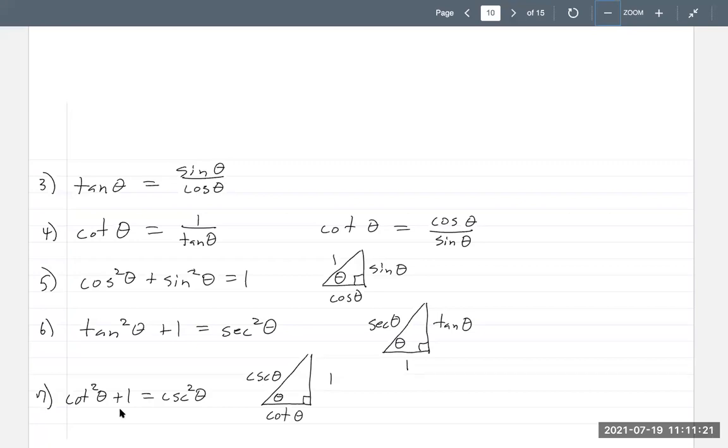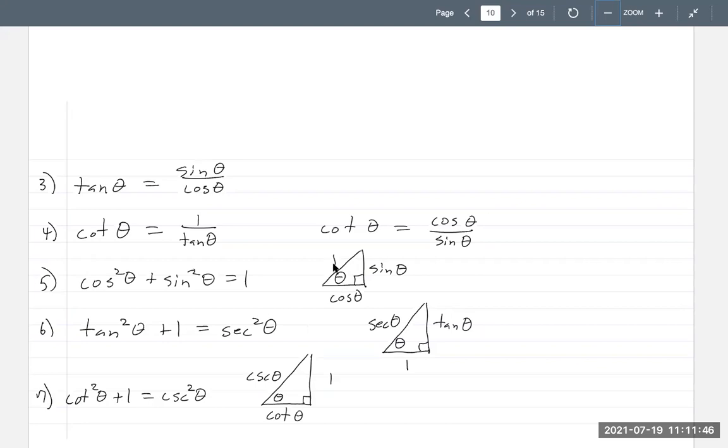And lastly, we have cotangent squared theta plus 1 is cosecant squared theta. So if 1 here is the length of the opposite side, then the length of the adjacent side is cotangent theta, and the length of the hypotenuse is cosecant theta.